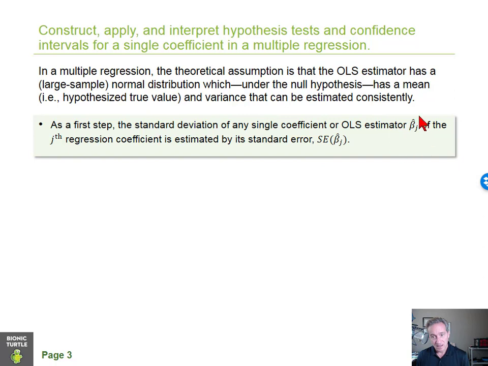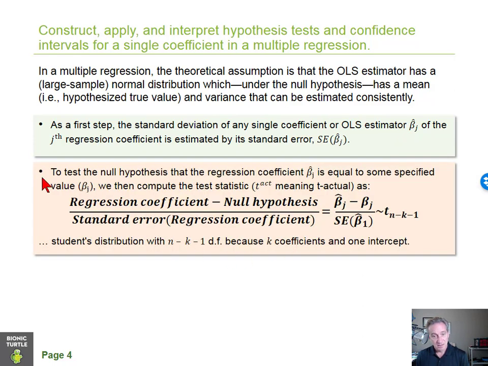So if we have the estimator here, and this is an estimator for a partial slope coefficient in the case of a multiple regression, then what we care about is its standard error, the standard error of this estimator for a partial slope coefficient. And as before, this is the same pattern.